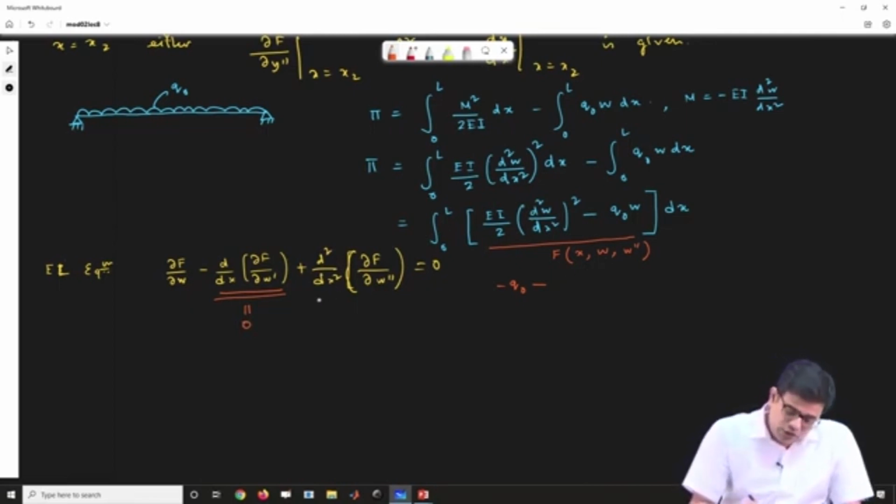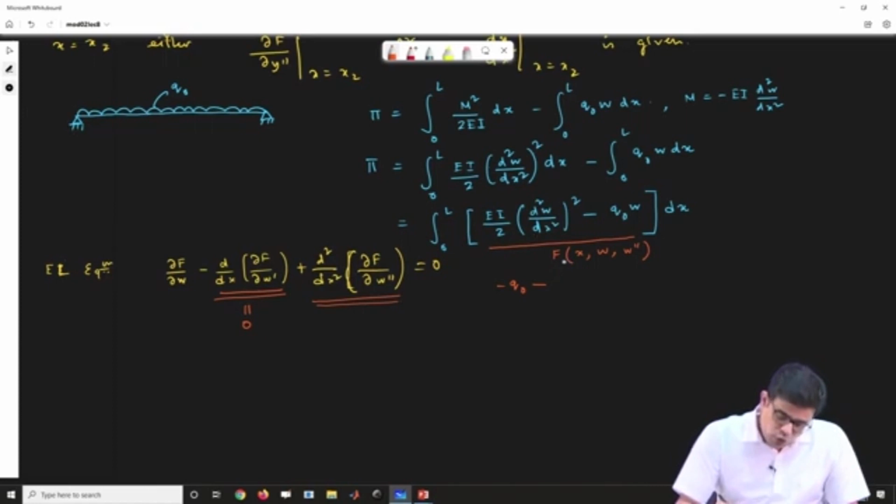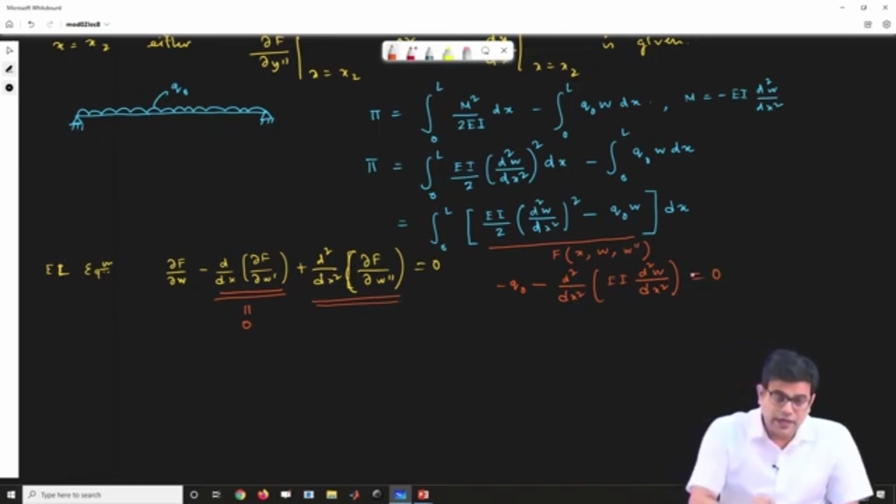Now the last term is the second derivative: d²/dx² of ∂f/∂w double prime, which is EI d²w/dx², equals 0. So this is my Euler-Lagrange equation.